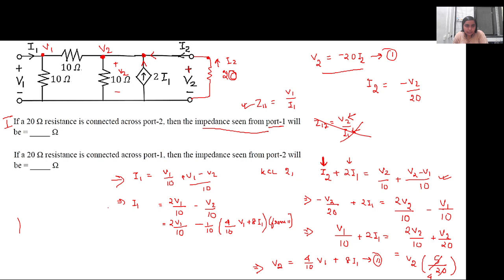Now I will bring all the I1 terms on one side. So it will be I1, if I take it to this side, 8 by 10 I1 equals 2V1 by 10 minus, I'll just cancel it, 2 by 50 V1.